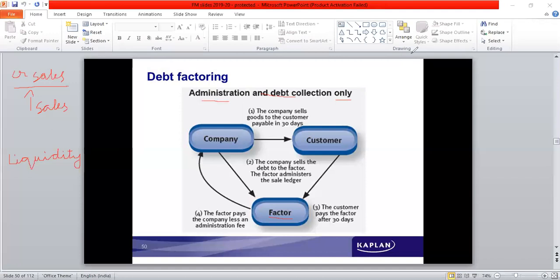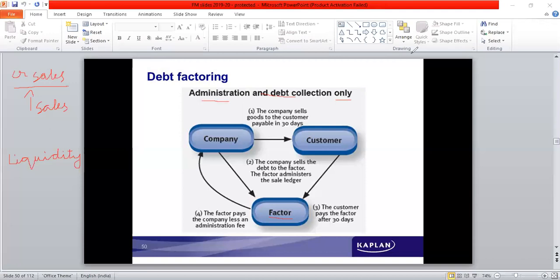But if the agreement is without recourse, that is, there is no going back on that, even if there is a loss on account of uncollectibles, the factor only will bear the loss. So with recourse, it can be transferred back to the company. Without recourse, nothing can be done, the factor only will have to bear the loss.